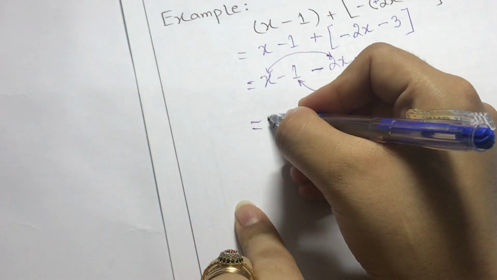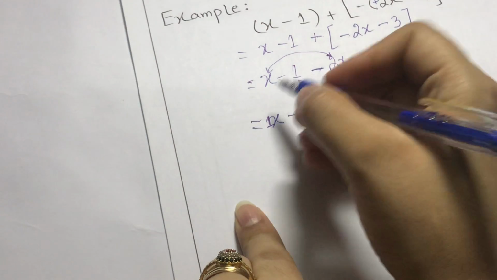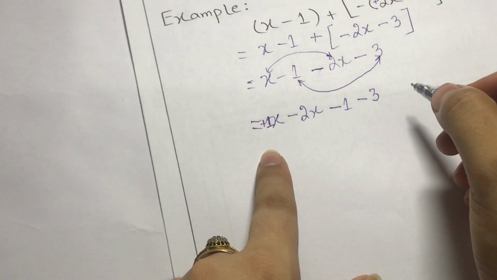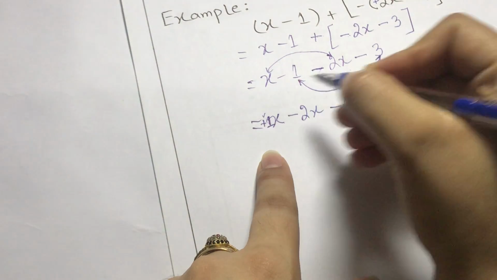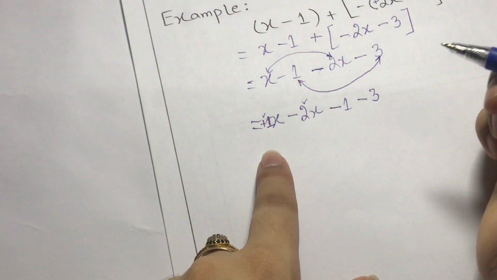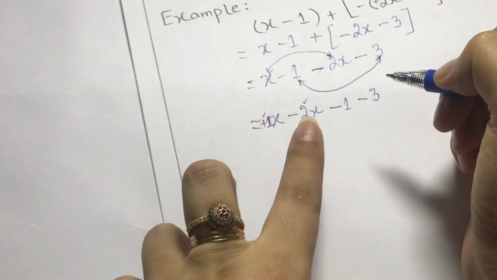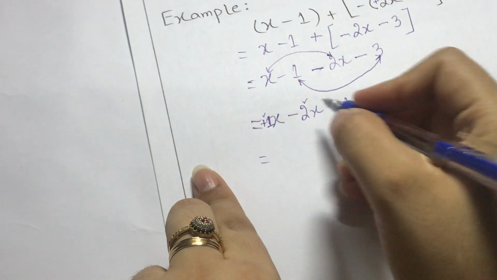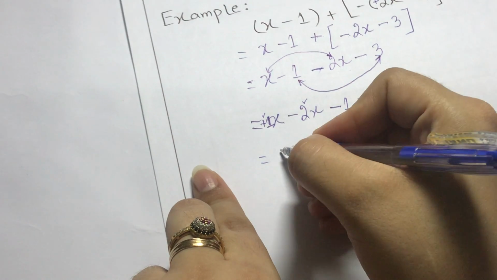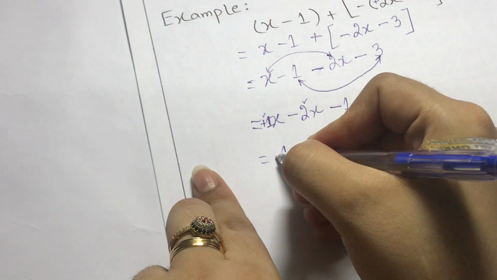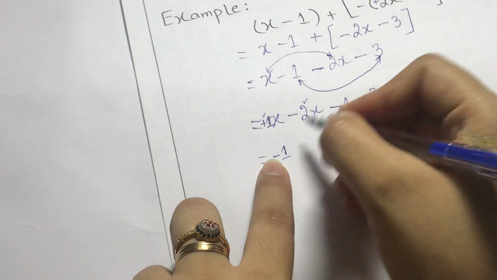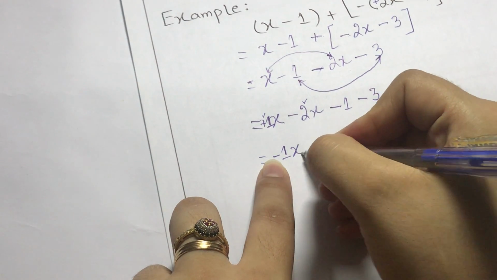So if there is no coefficient, that means it's 1, and if there is no sign, that means it's positive. Now you can see one term is positive and one term is negative. So that means you have two different signs, and for two different signs you have to subtract. So 2 minus 1 is 1. Keep the sign of your greater number, that is 2, so its sign is negative, and keep your variable.